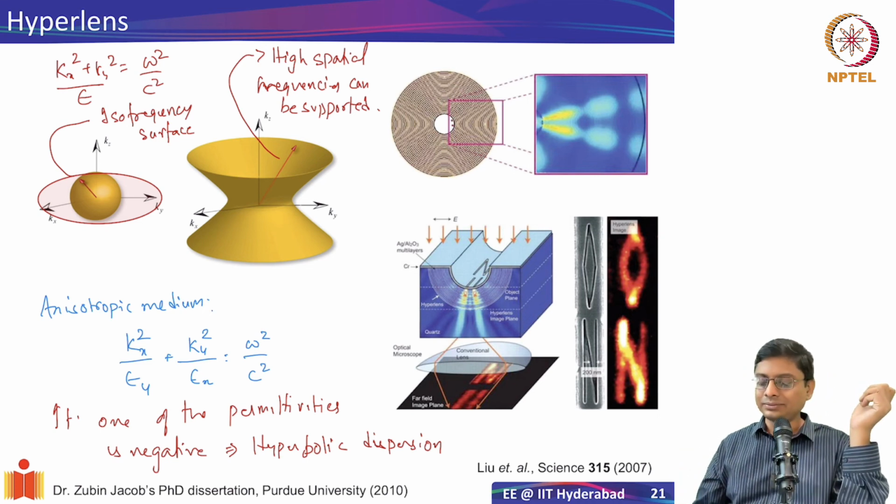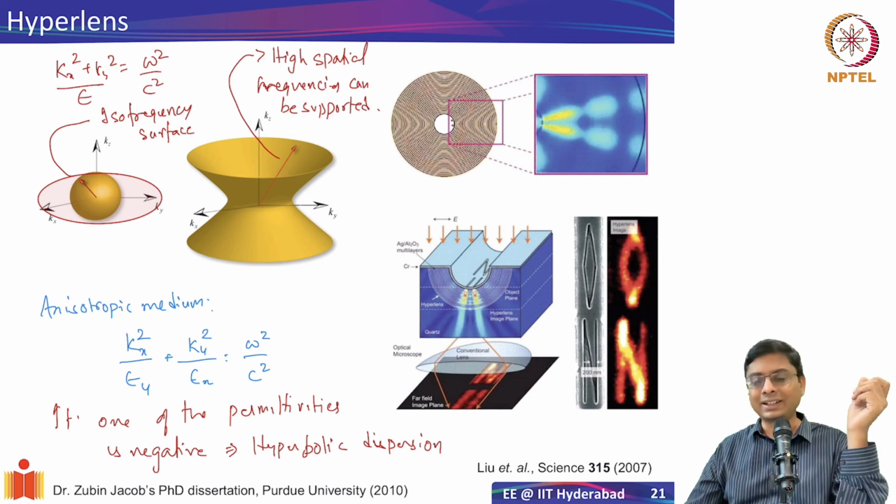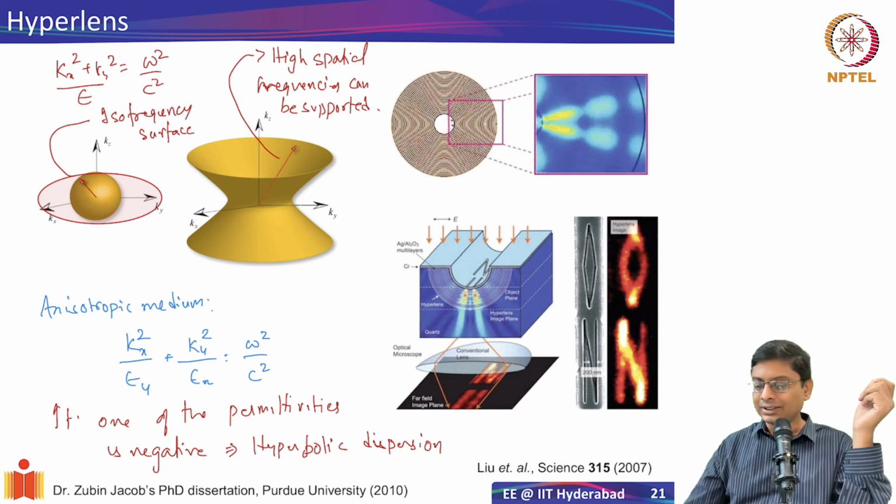So it turns out that what Evgeny Narimanov's team presented was, if you have alternating layers of metal and dielectrics in a circular, spherical fashion like this, and you put two objects at the center, the information or energy from there will propagate along the radial directions, and eventually this can be magnified.